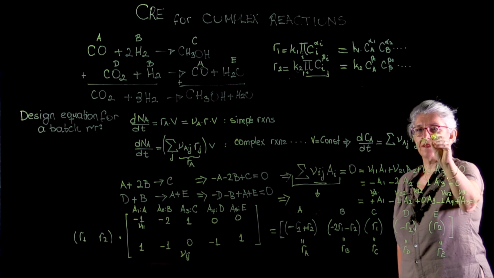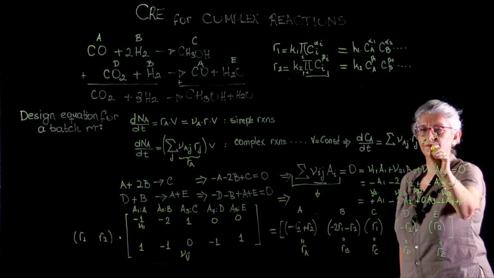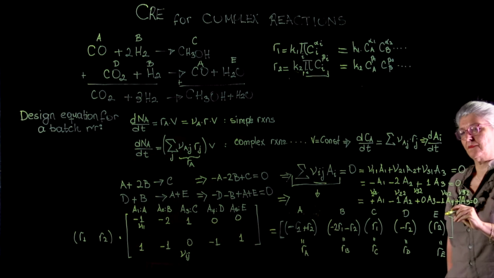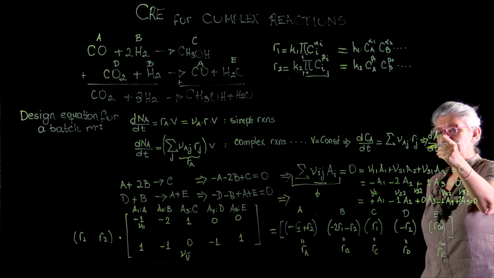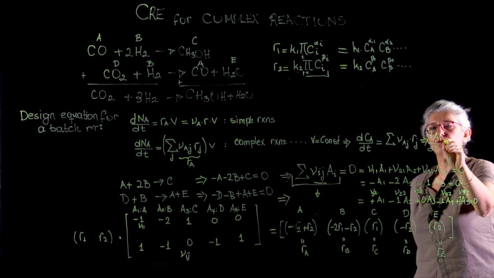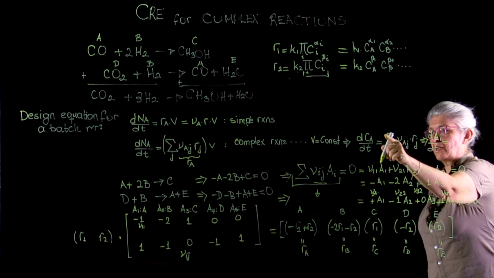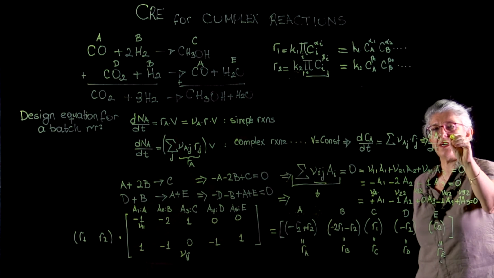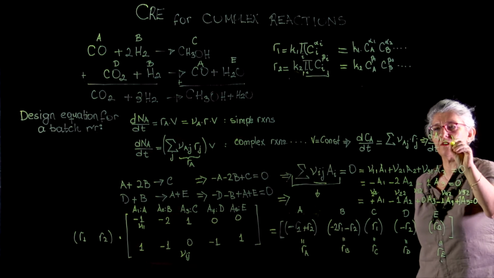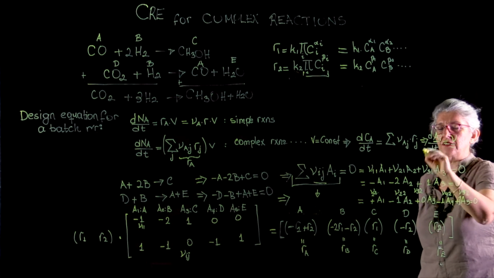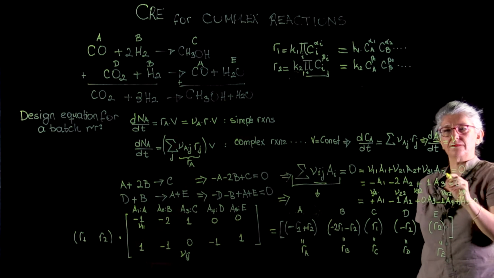AI d over dt. Let's generate our symbolism. dAI, A1, 2, 3, 4, 5 is equal to, now I'm going to save time and space and write the stoichiometry matrix as a tensor. And this is a vector when I just throw one line underneath.